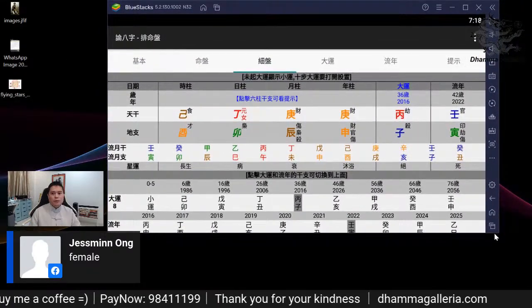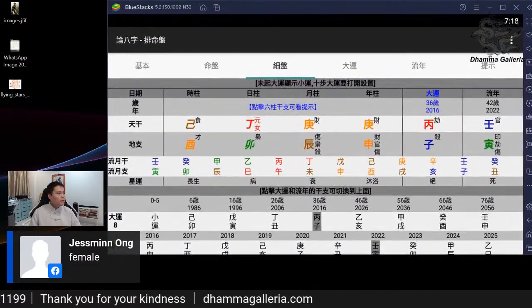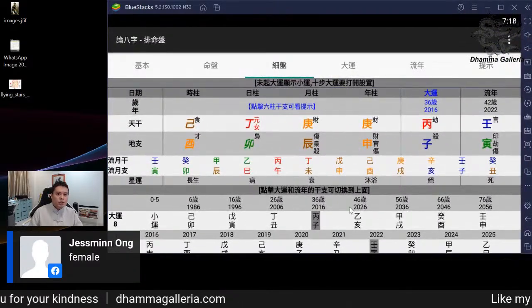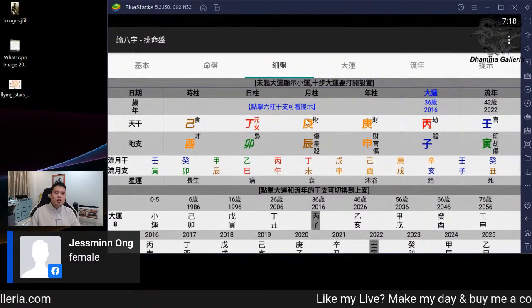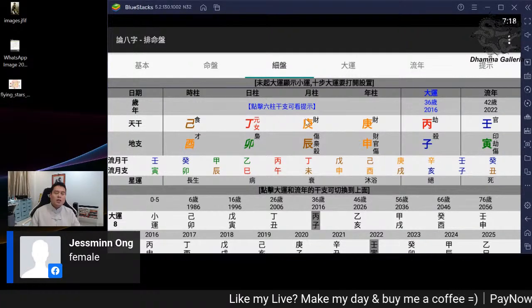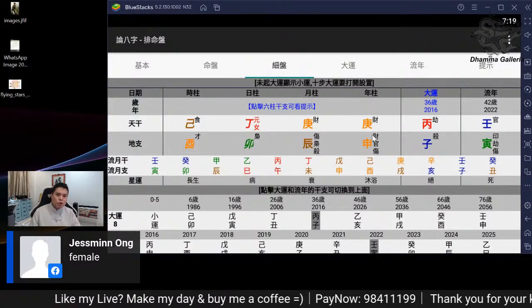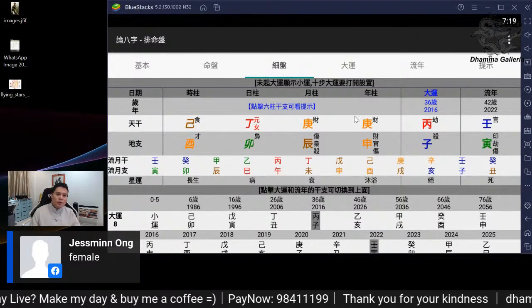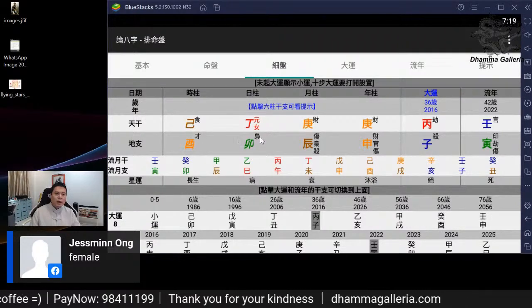Jasmine is born of the Ding Day Master sitting on Mao, and she has Geng Jing in the monthly stem and Chen in the month branch, then Geng and Xin in the year pillar, and then Shen You, sitting on Mao.